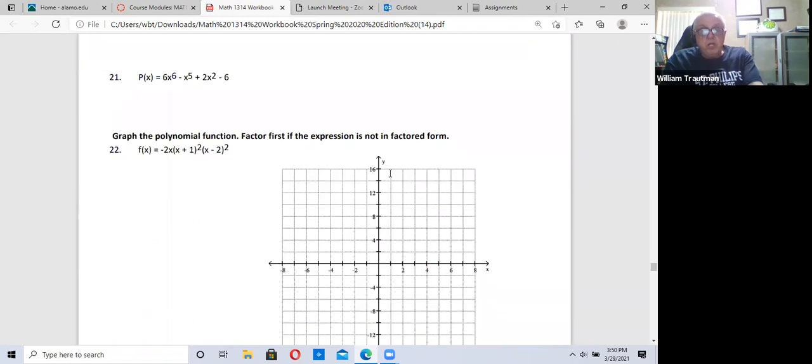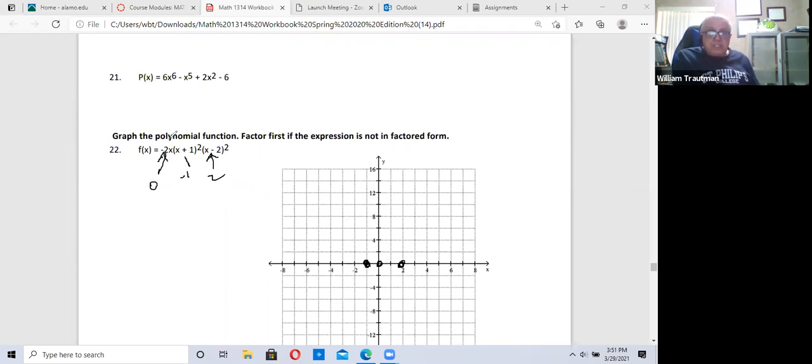Remember, on this one, you don't have to graph it, but you do have to pick the correct graph. So there's a zero at -1, opposite sign. There's also a zero at +2, and there's a zero right here at 0.